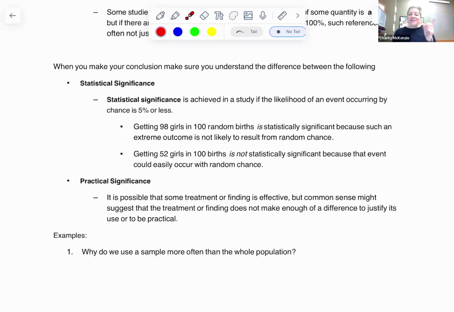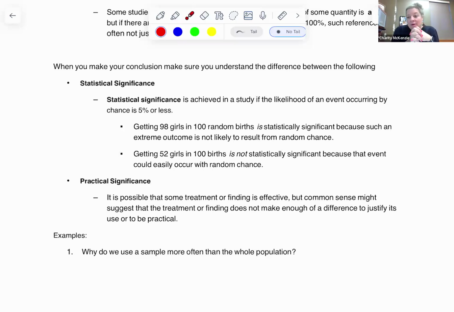If I get 52 girls out of 100, that's not statistically significant because that could easily happen by chance, because it really is equally likely to have a boy or a girl when you give birth to a baby. So 98 out of 100 is really out there and it's statistically significant.